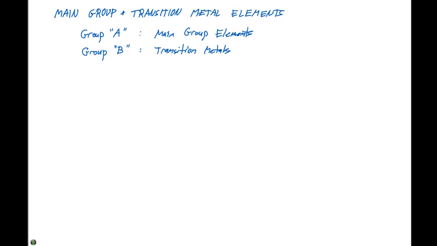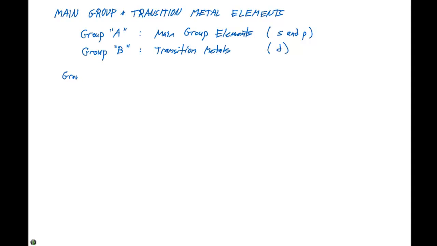The main difference between these elements is that group A mainly focuses on the s and the p orbitals and the electrons contained in those orbitals, and the transition metals utilize the d orbitals. So since the bonding is mainly containing s and p in the main group elements and the d orbitals for the transition metals, we need to look at them a little bit differently.